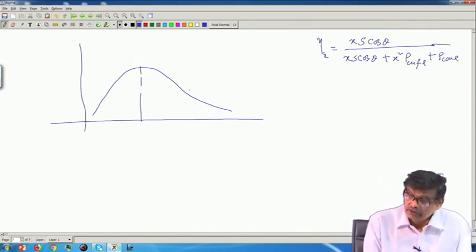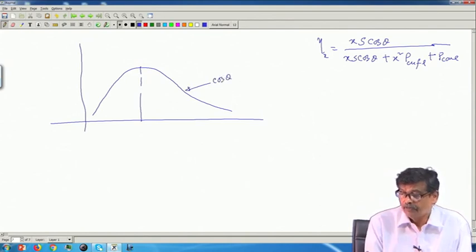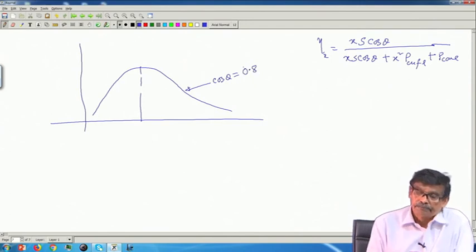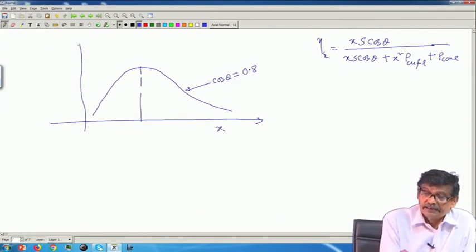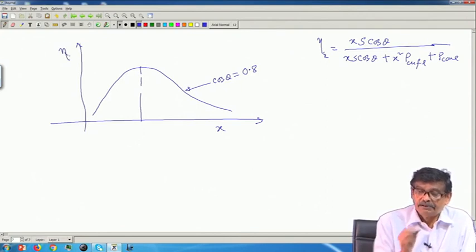And I told you, do not forget to attach at what power factor angle this curve has been drawn, maybe 0.8. This is the degree of loading x, and this is efficiency eta.